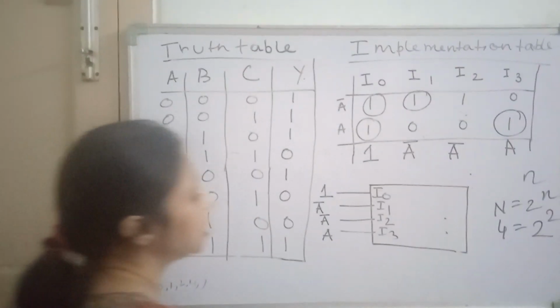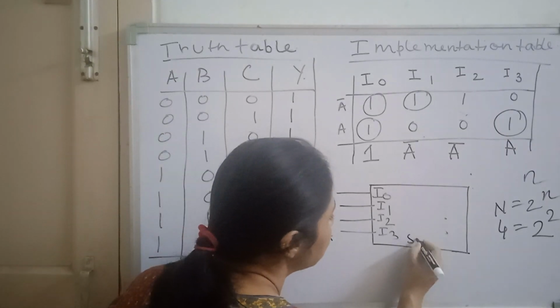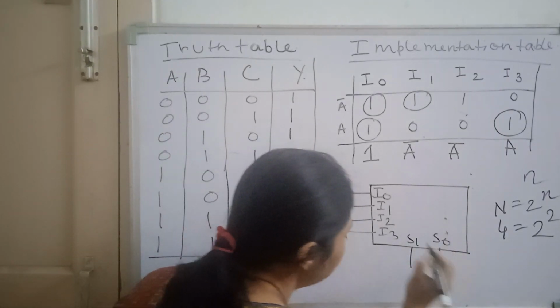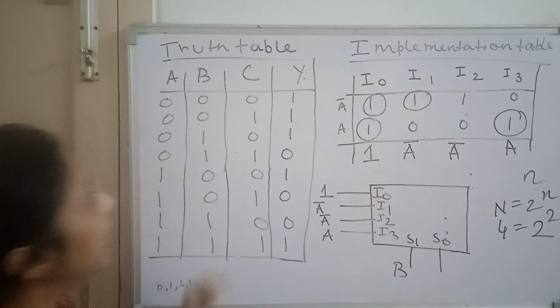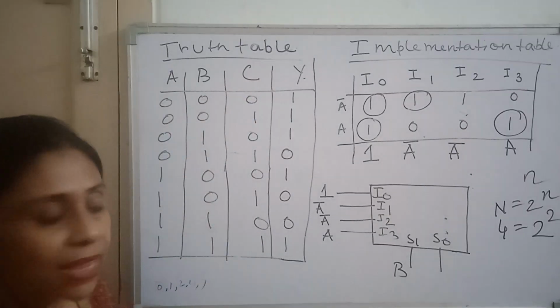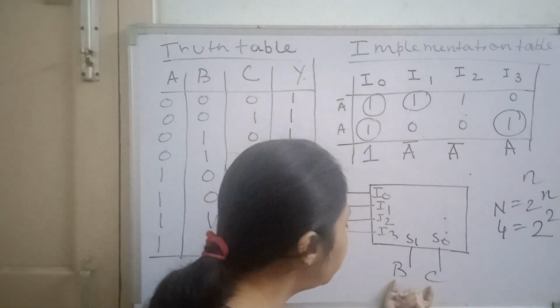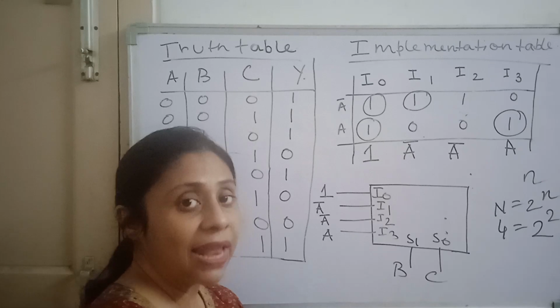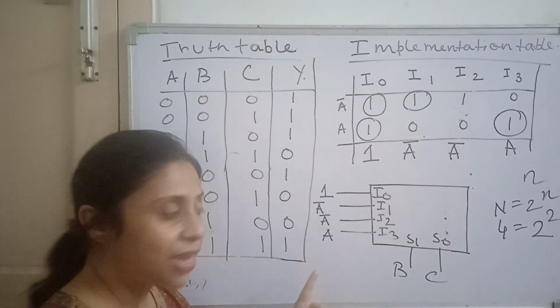Right? Now see, there are 2 select lines, S1 and S0. We will give the input variable B at S1 and the other input variable C at S0. So we have given 2 input variables at select lines and another 1 input variable we have used at input lines.